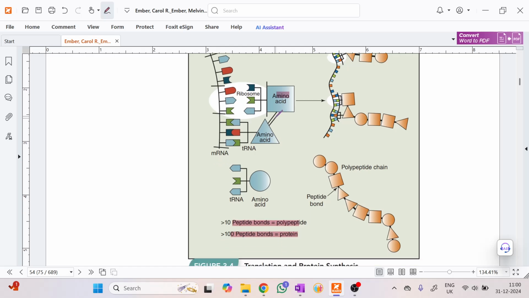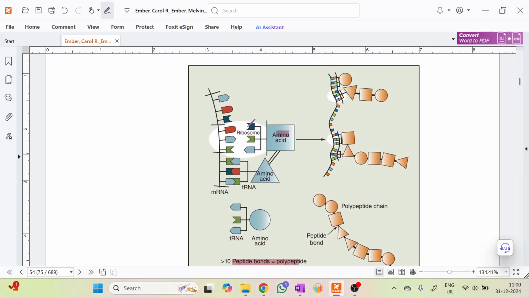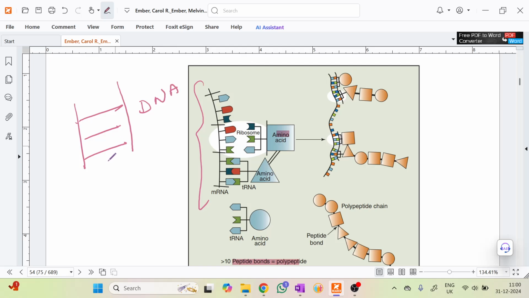So this is the diagrammatic representation of mRNA. Here it is single-stranded, rather than the double helix structure of DNA, which is like a ladder, but the template for mRNA is single-stranded.